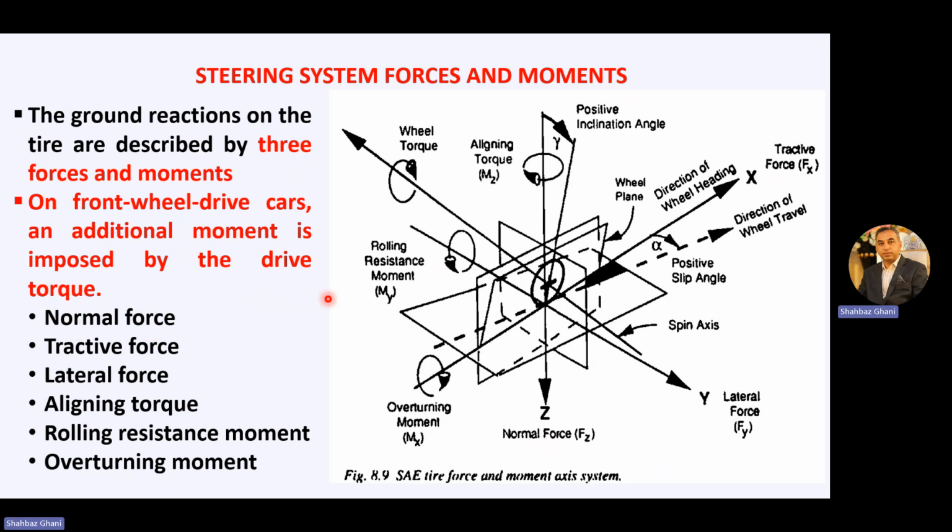We have the normal force in the Z direction, then the tractive force in the direction of rotation, X, the lateral force in the Y direction, then the aligning torque Mz, rolling resistance moment My, and overturning moment Mx in the X direction.